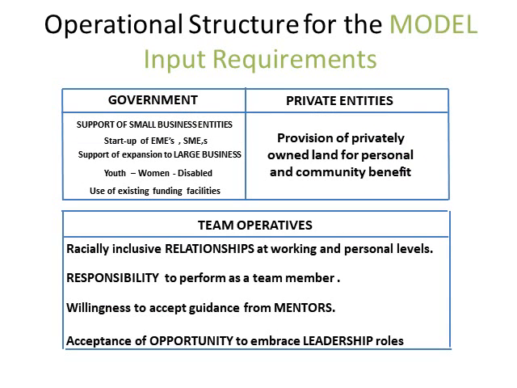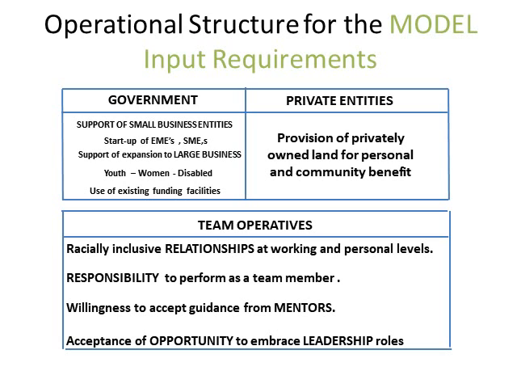Flowing through from part one, let us take a look at the input requirements of the parties that are involved in these partnerships. First, there's the government. The government is there to support small business entities, starting off as EMEs, growing to SMEs, supporting the expansion into large business entities.